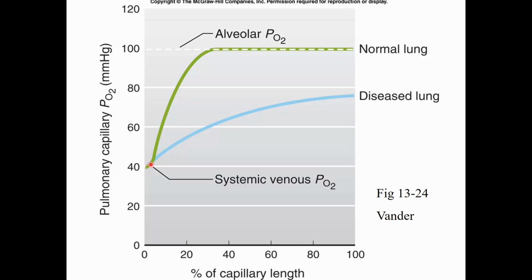Notice gas is diffusing into the venous blood and turning it into arterial blood, and now we have the capillary blood having the same PO2 as the alveoli, and we're about a third of the way through the capillary. So we can't get many more oxygen in here. To get more oxygen loaded into the body, we have to bring in more blood. So in a healthy person, oxygen is a perfusion-limited gas.